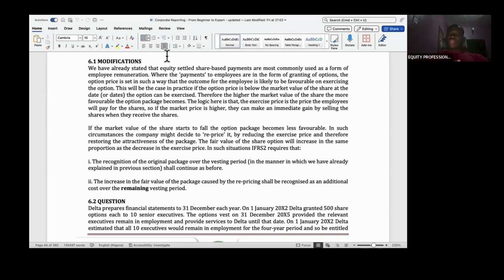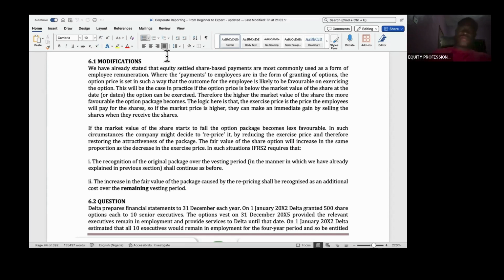Additionally, we learned that at the end of every year, you need to estimate the number of employees that will vest. When I say that will vest, we are talking about at the vesting date. So we will need to make an estimate of the number that will remain with the company at the vesting date.